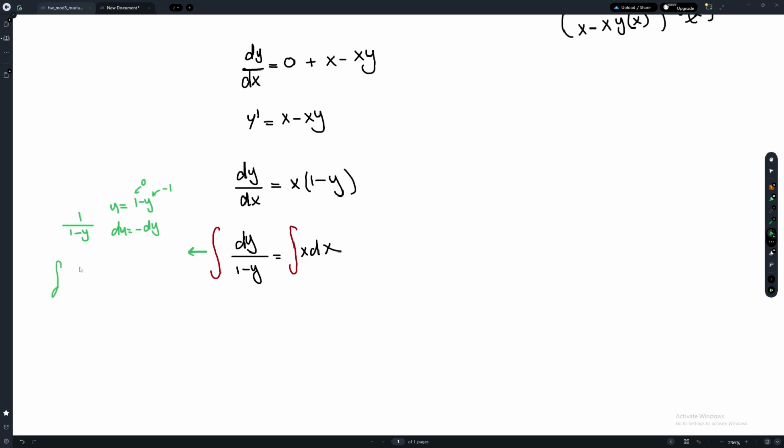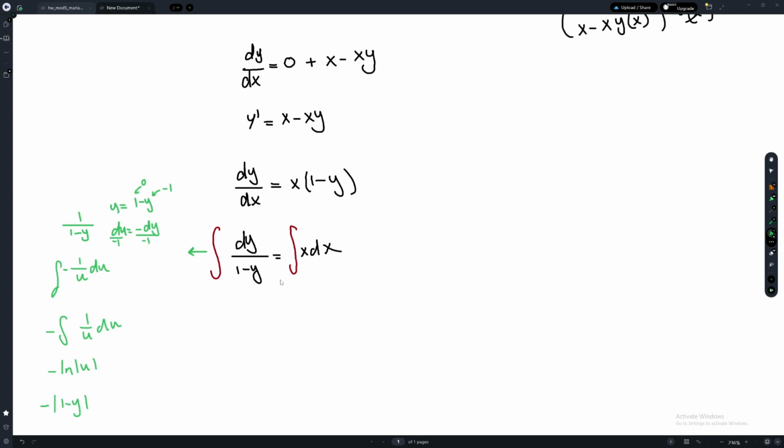Now I have the integral of 1 over u, negative, because of my du, since I divide by negative 1. So I'm going to take this negative out. I'll have negative the integral of 1 over u du. And now the integral of this is ln of u. Sub this back in, we'll get negative ln of 1 minus y.